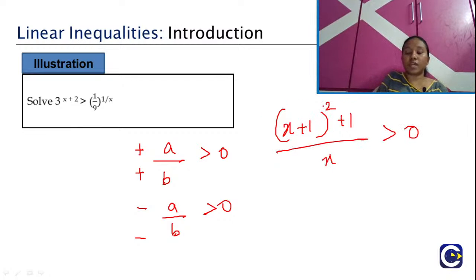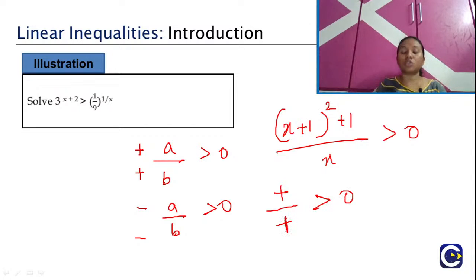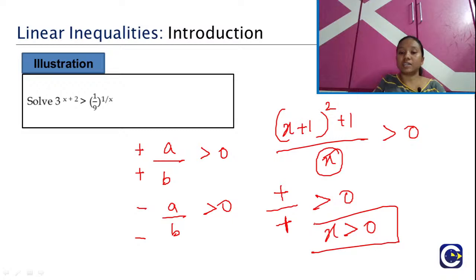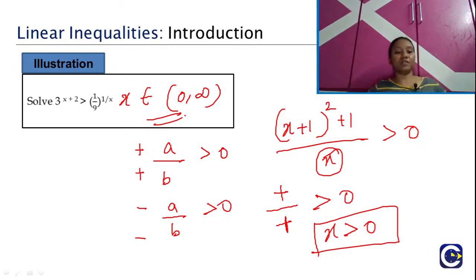This is a square, so it will be positive, plus 1 will also be positive, so the numerator is positive. Since the fraction is greater than 0, the denominator must also be positive, so x should be greater than 0. That means my final solution for the given exponential inequality is x belongs to (0, infinity).